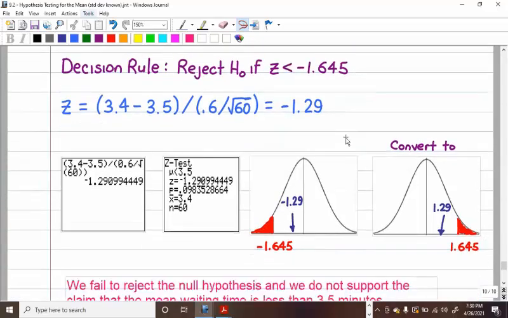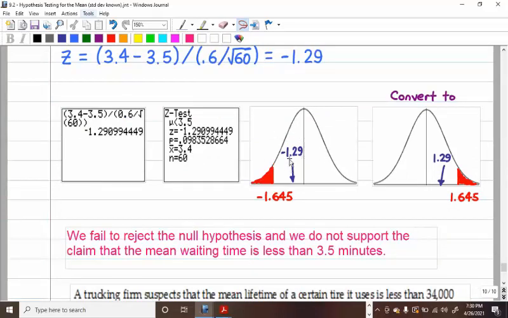What I'm showing you right here, this picture on the left, that's really the correct process. But I've had students confused, and I can see why. It's a little trickier sometimes with negative numbers to know which one falls on which side. So one thing you can do is convert using symmetry. If you flip everything over to the other side, it's really the same image.